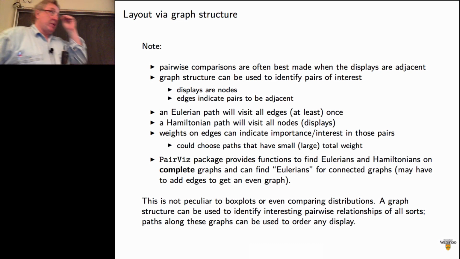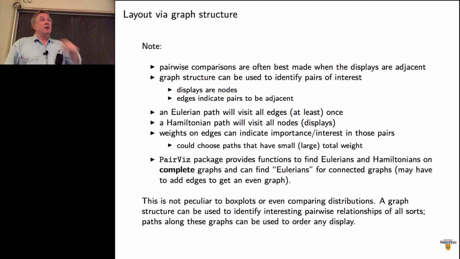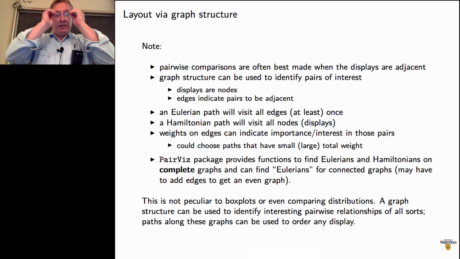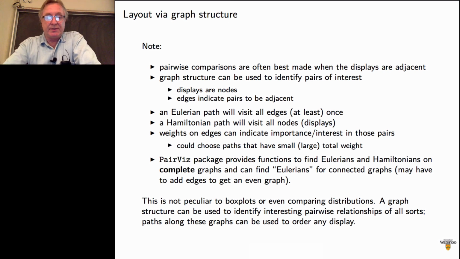We're operating on the fact that pairwise comparisons are often best made when the displays are beside each other. That's the best way, having nearby objects, having objects be nearby be the ones that you want to actually make the comparisons between. A graph structure allows you to think about who should be nearby each other, right? Which nodes should be nearby each other. So you have nodes, which are the displays, the thing you're going to display, and the edges say which pairs of displays should be adjacent.